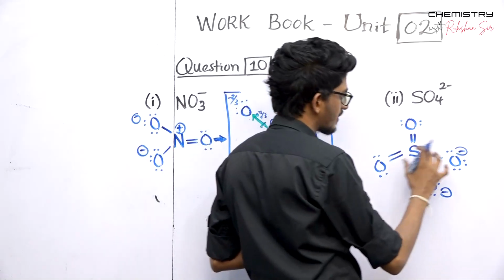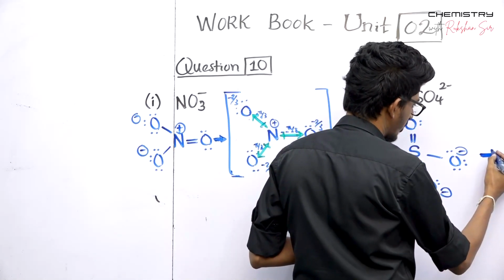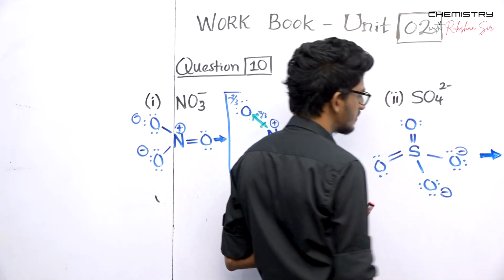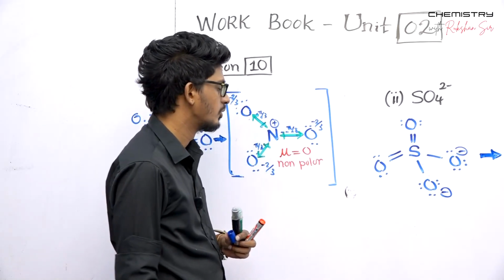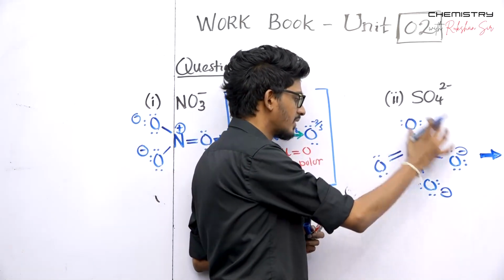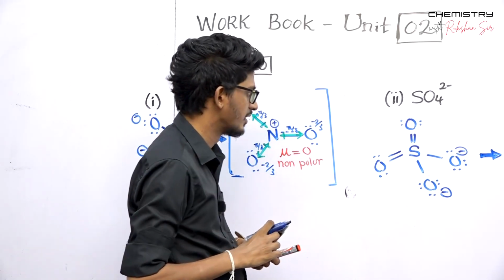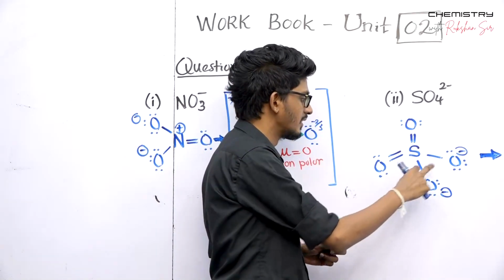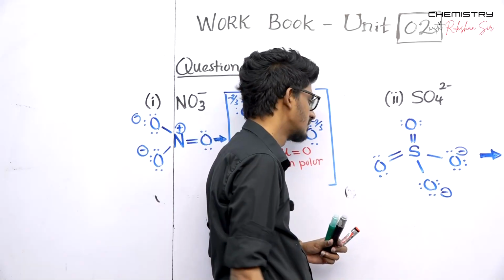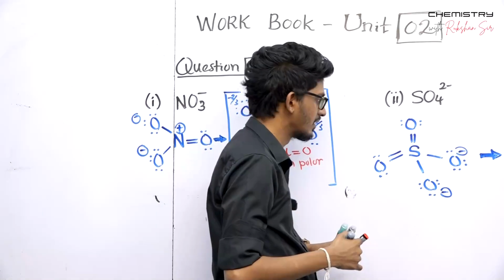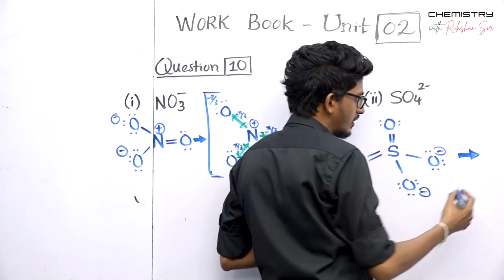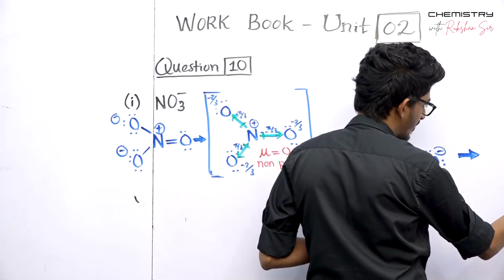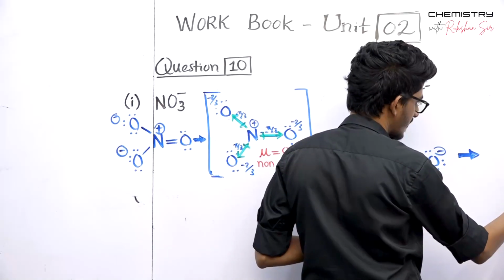But the naturally existing structure is not like this, because we can think of the resonance hybrid now, because a few equally stabilized resonance structures are available for sulfate. So the two pi bonds could be here and here, here and here, here and here as well. So a few more options are available. So we have to think of the resonance hybrid. So the hybrid will look like this.